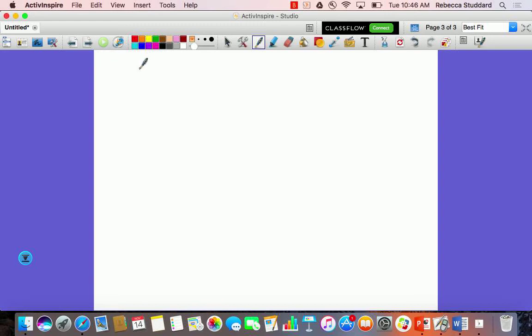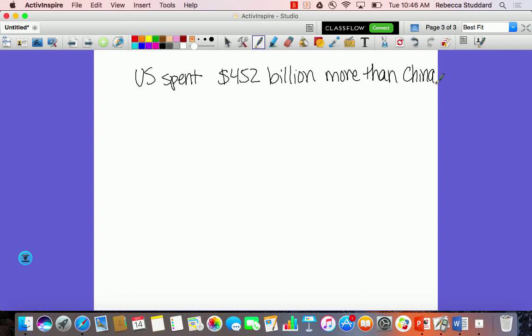But in 2013, the U.S. spent $452 billion more on its military than China spent on its military.